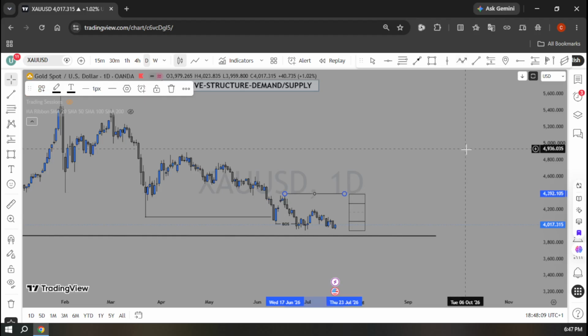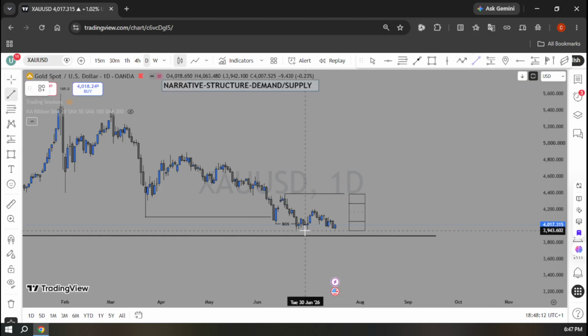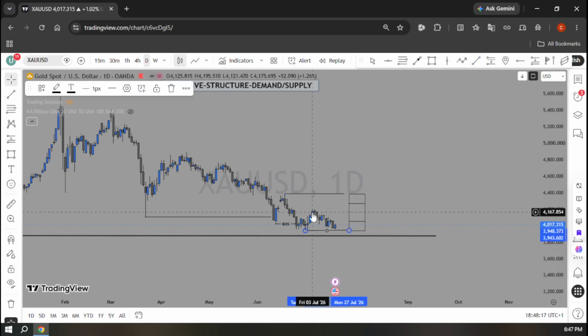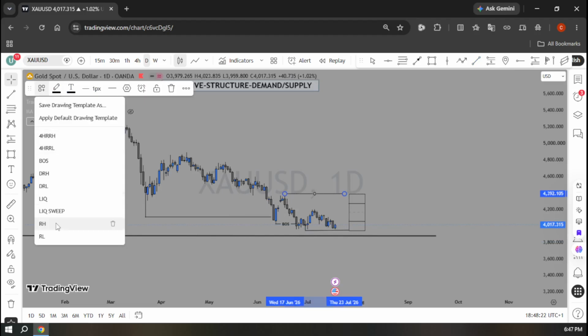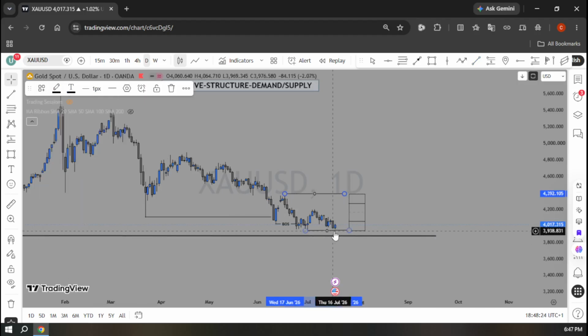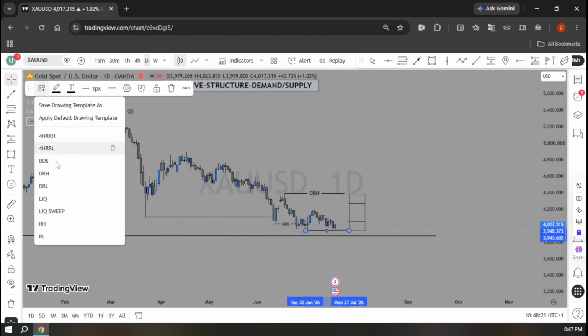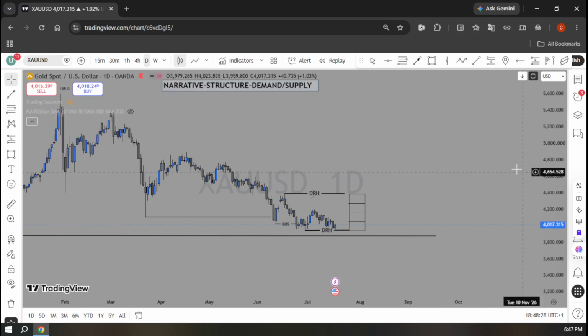This is my trading range high, and this is my trading range low, because that's the area where price led to. So I'll put a label on this, my daily range high and my daily range low.